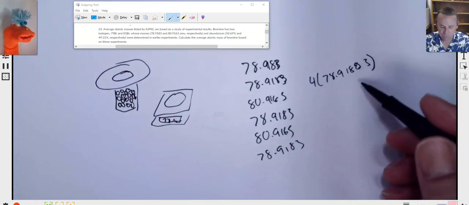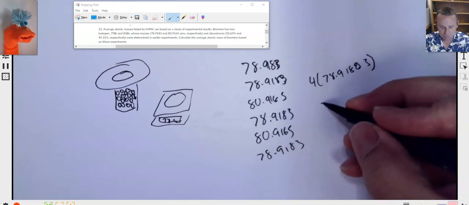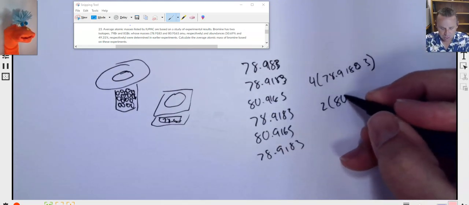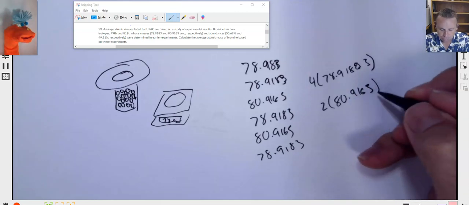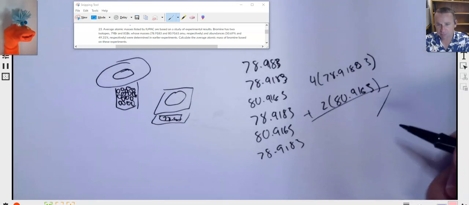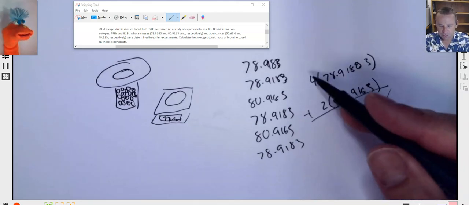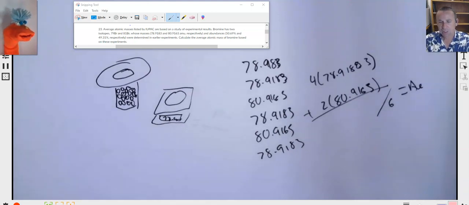Instead of having to write this in 4 times, I can just do 4 times that. And right now I just have 2 of these other ones. I can do 2 times the 80.9163. I could add those together and divide by, how many would I divide by this time? You have 6 there. That's right, I have 6, so I divide by 6, and that would equal my average, right?